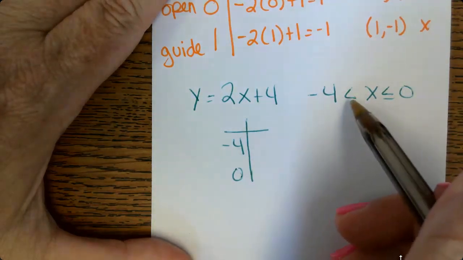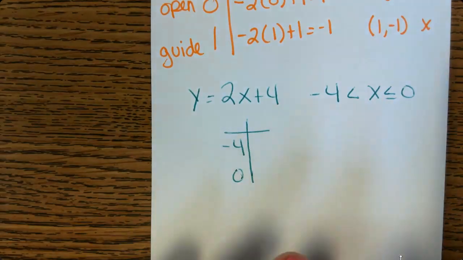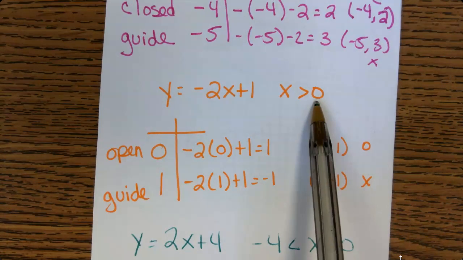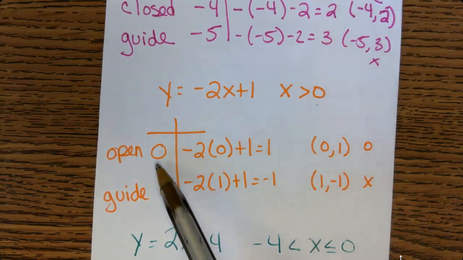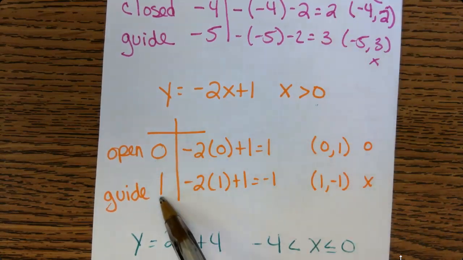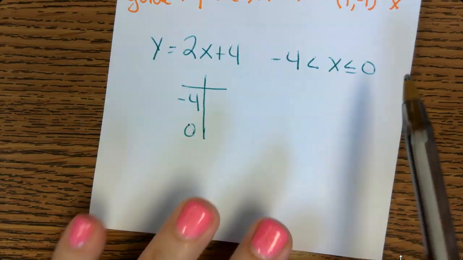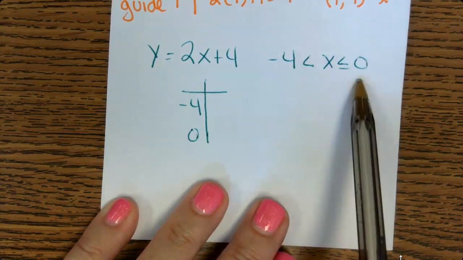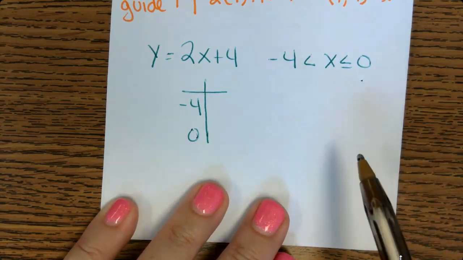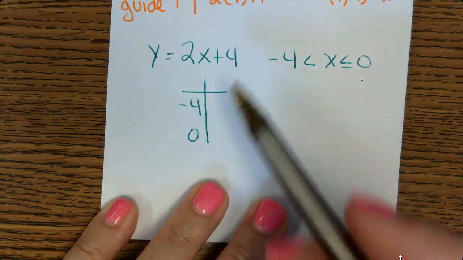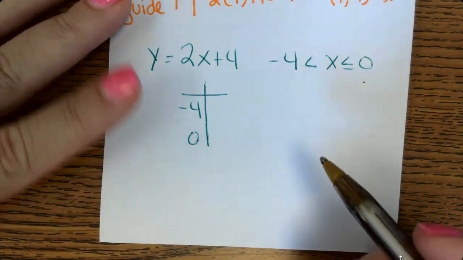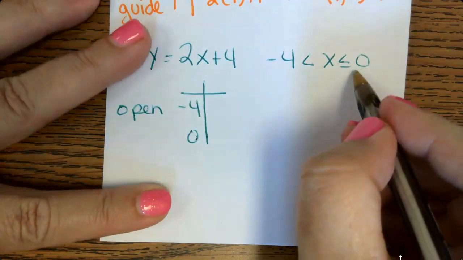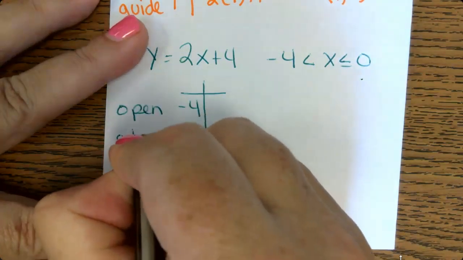Notice this: in these other equations, we've only given one value, and I've always had to come up with a second one. But in problems like my second one, they gave us two x values, the negative 4 and the 0. So now we don't have to think of anything. What it's going to create is a line segment. So negative 4 is going to be open, and 0 is going to be closed.